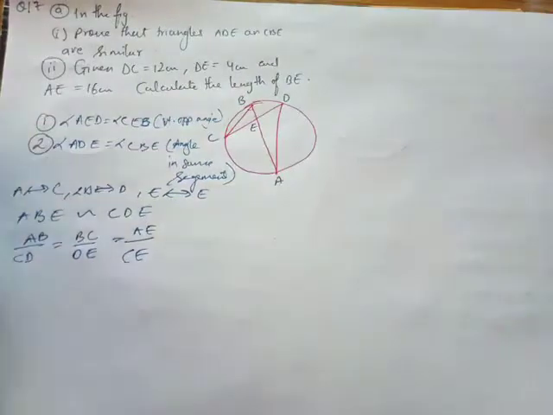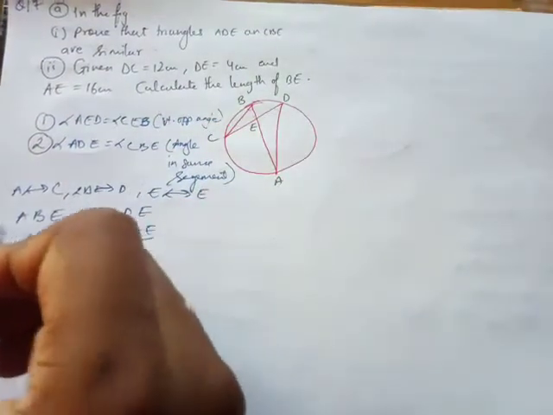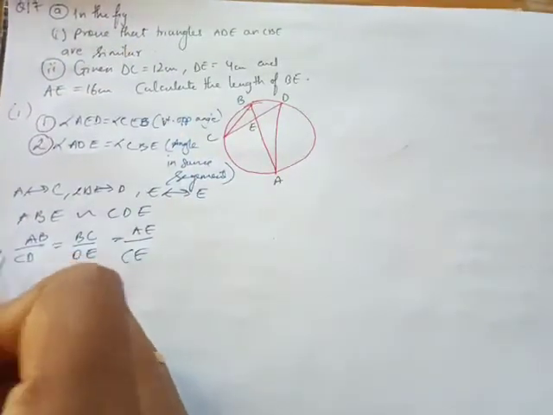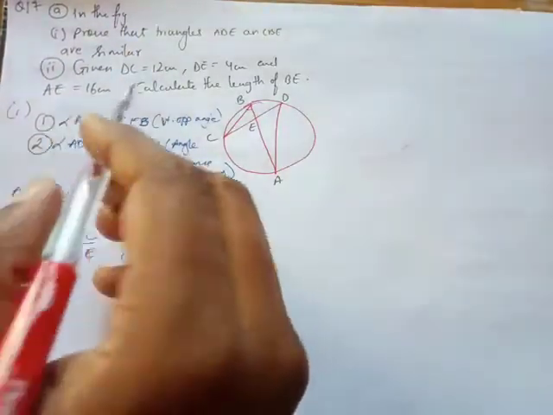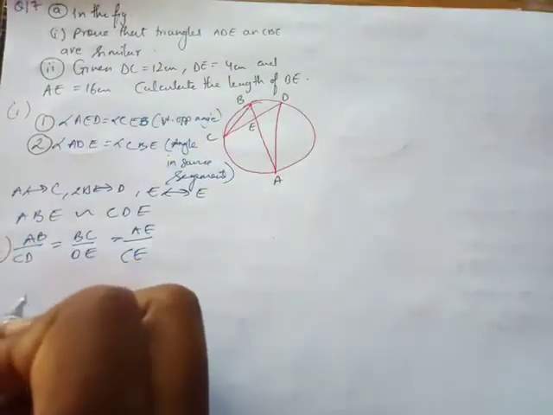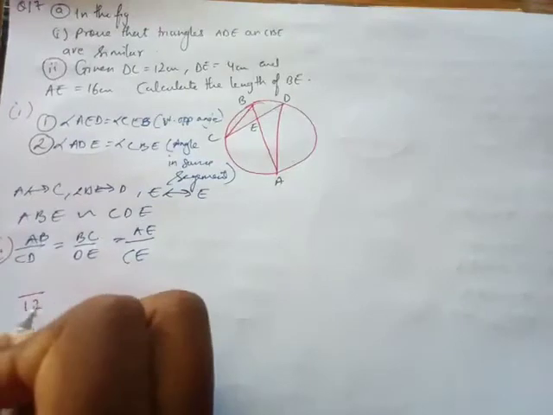Now the problem is they have given in the second part, the first part has been proved. यहाँ तक first part था, and the second part starts from here. When I have written this, they have given me some points like DC. They have given DC, I'll be writing it down. DC is 12.